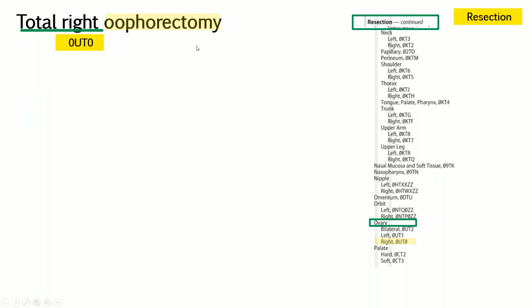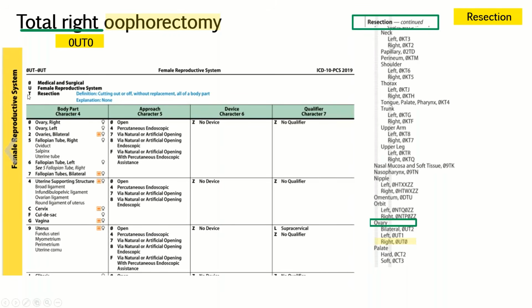So we know oophorectomy is a female reproductive system. We know that, but you can still look it up. 0UT0. There you go. 0UT medical surgical. U is for female reproductive system, and T is for resection. So you're in the right section.